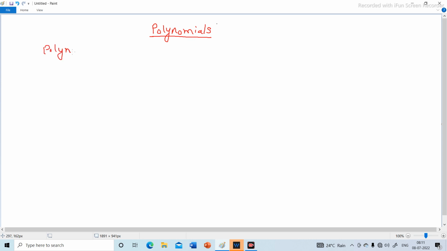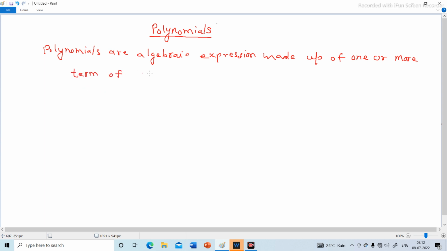Polynomials are algebraic expressions made up of one or more terms of a particular type.